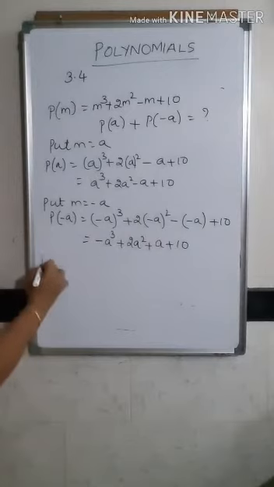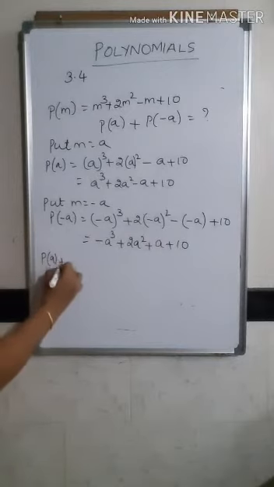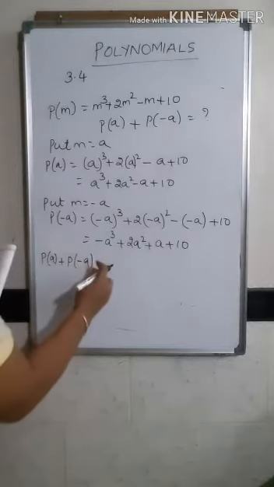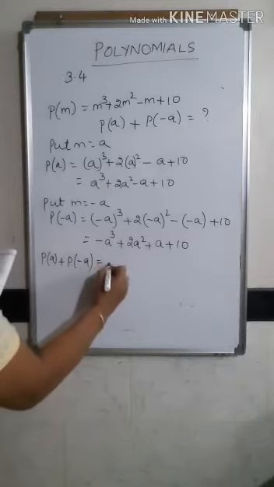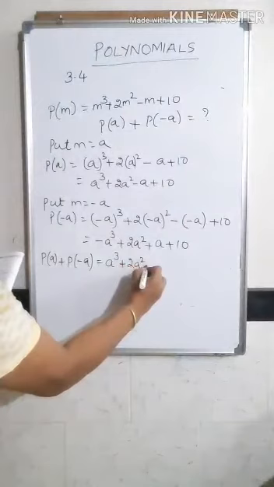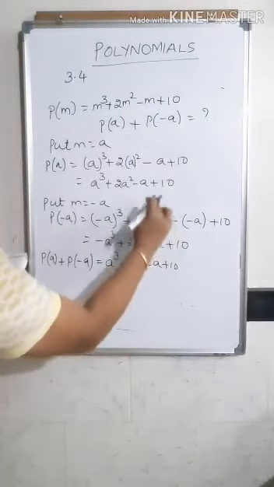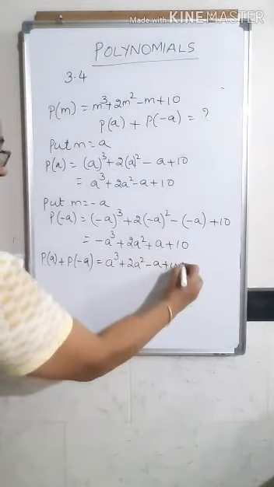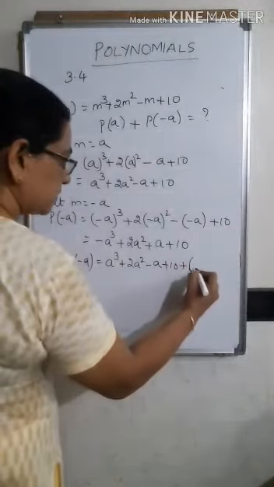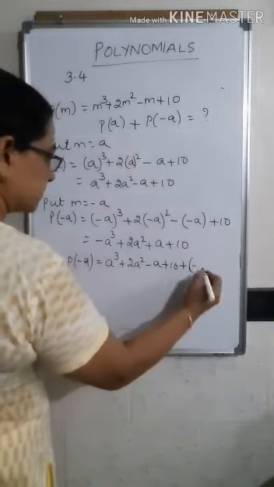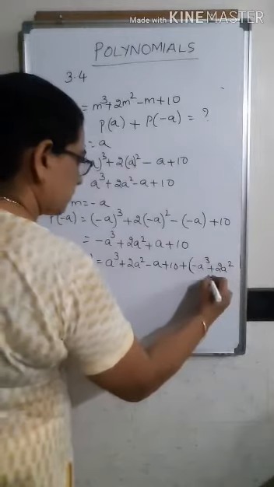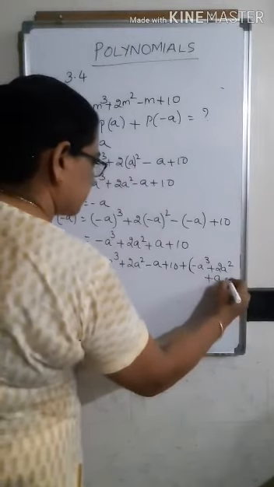Now you have to find p of a plus p of minus a. P of a is a cube plus 2a square minus a plus 10, and p of minus a is minus a cube plus 2a square plus a plus 10.